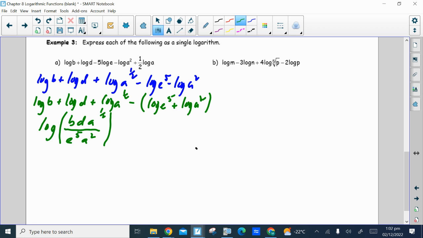And in this case, we can simplify a bit more because we have a power of A on both the top and the bottom. So this will become the log of, we're left with B times D on top, and on the bottom we'll have E to the 5th and A to the 3/2.